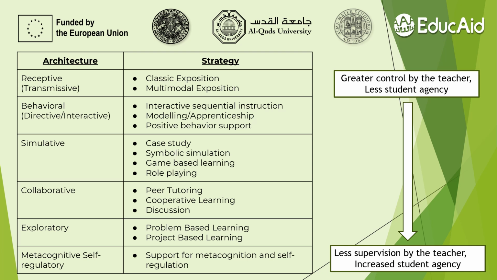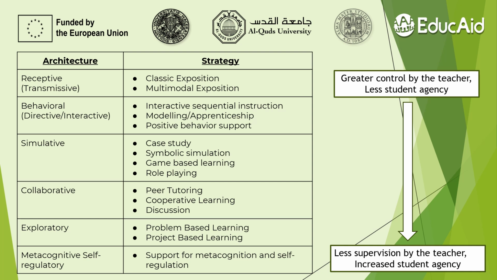As you can see on the right of the slide, there's an arrow, and at the top of the table we can find the strategies where the control of the students is less, and the control of the teacher is greater.